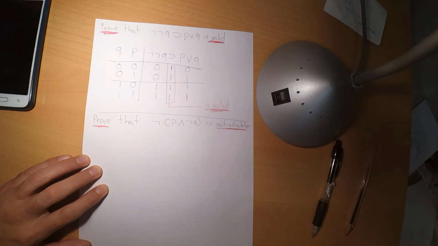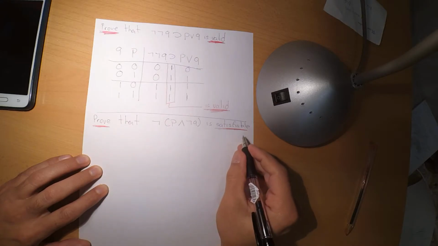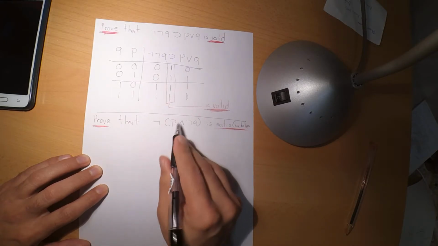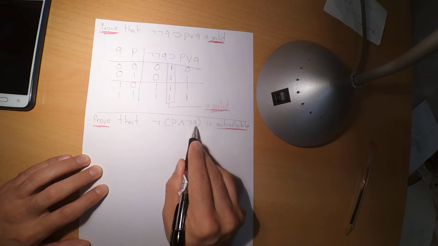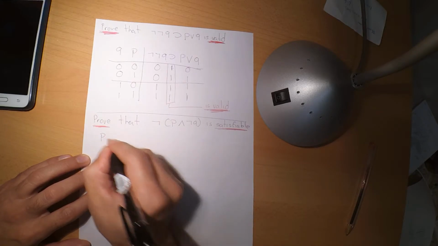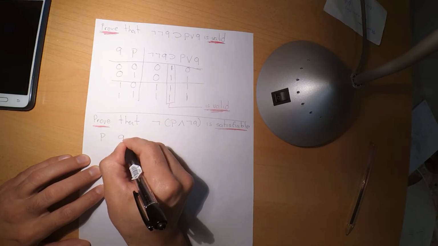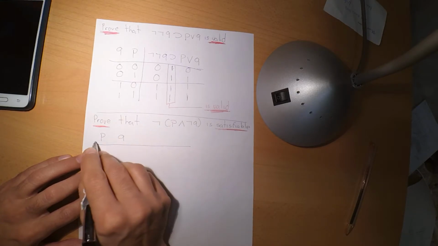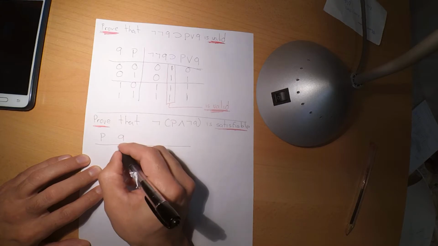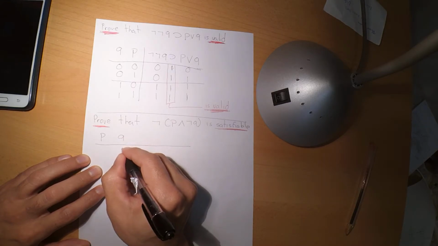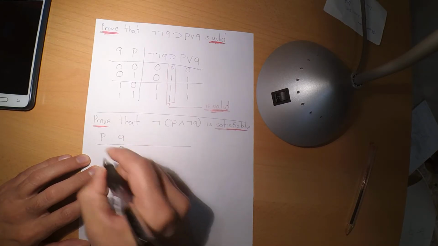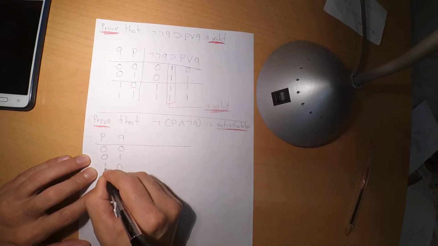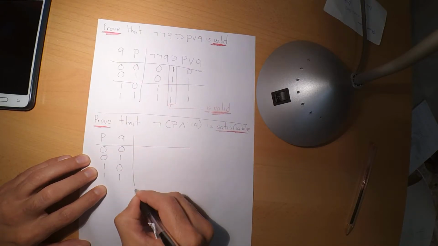The teacher or the exam asks us to prove the satisfiability. So we have two elements, which are P and Q. So we can write P, Q, and let's make the truth table once again. Because it's multiplying by the exponent, it will be 0, 1, 0, 1, and this is 0, 0, 1, 1.